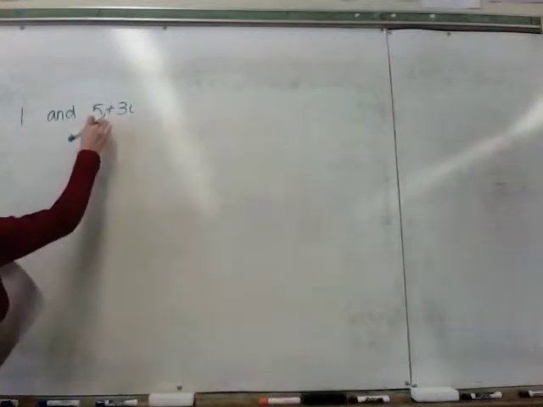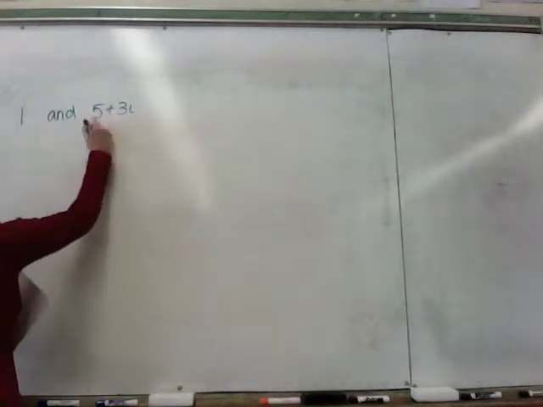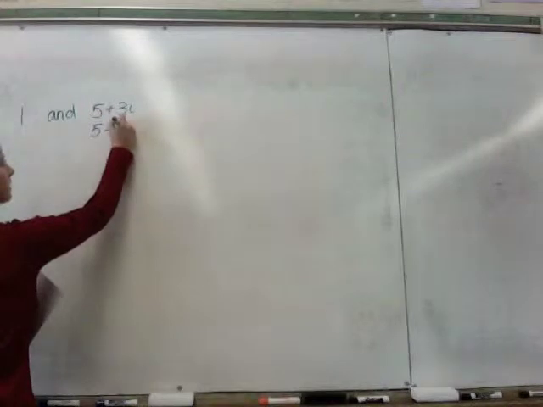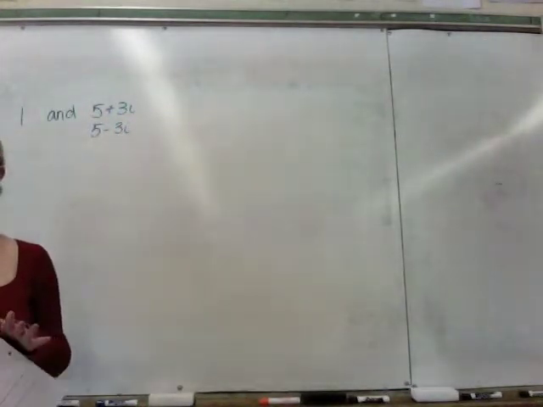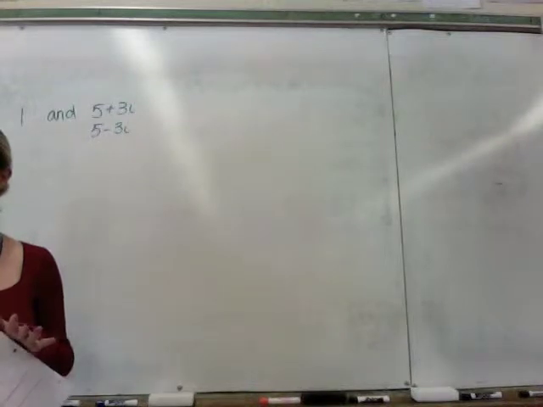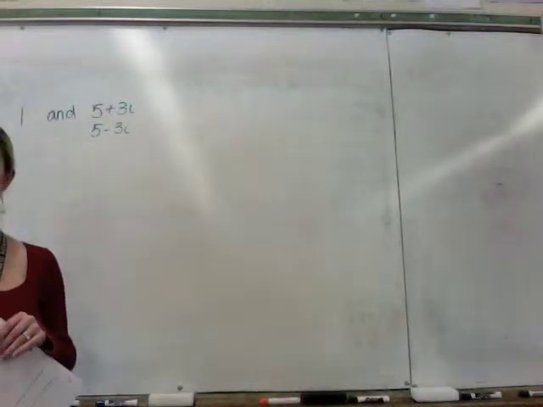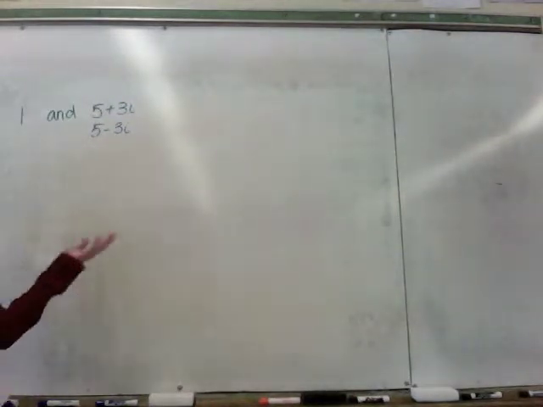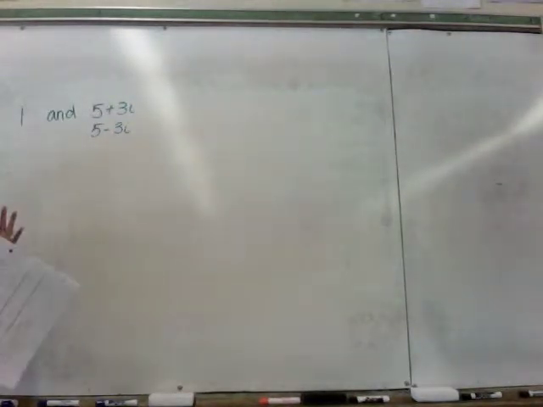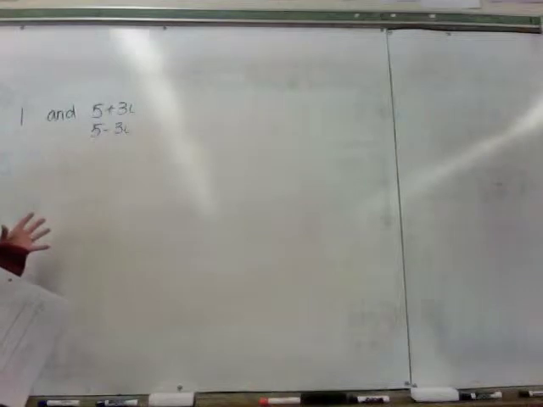If I know that 5 plus 3i is a 0, I know that 5 minus 3i is a 0. Okay? So now what we need to do is write them all out as binomials, and then multiply them all together.